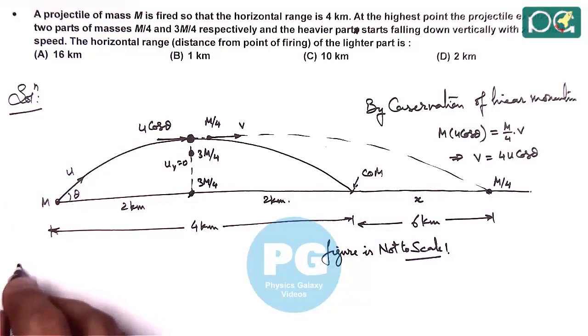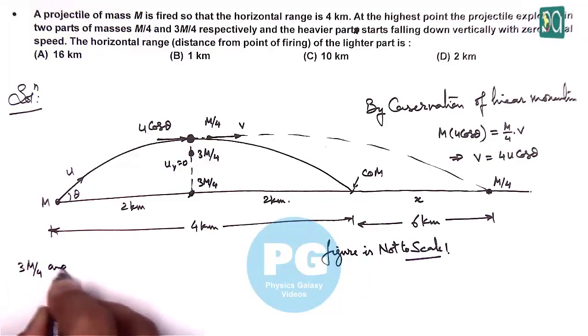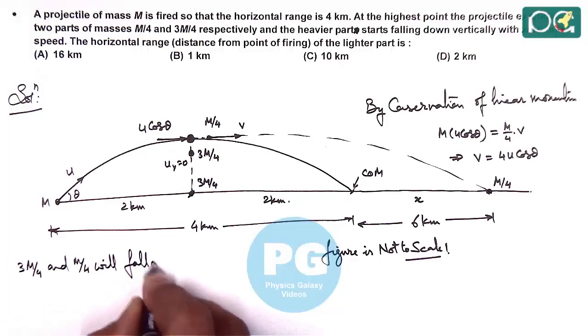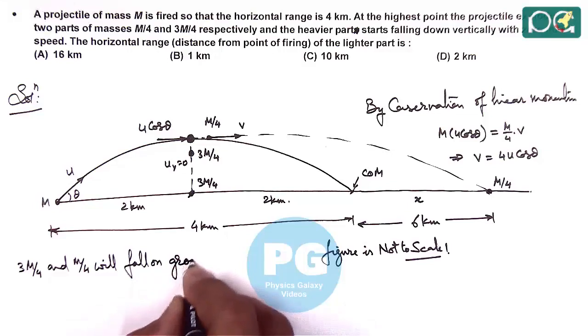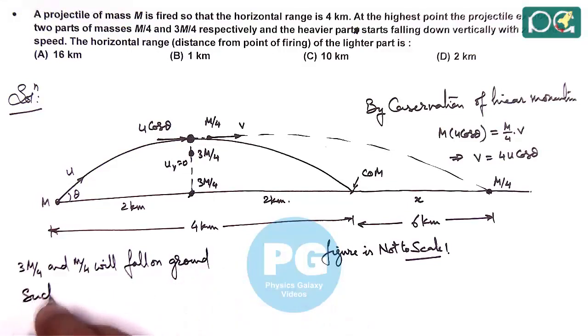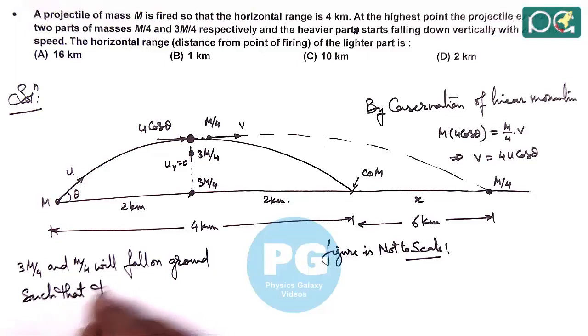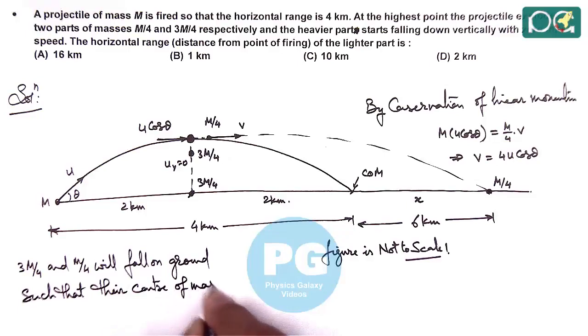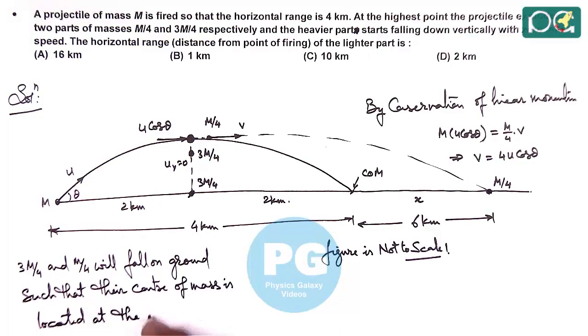So we can write 3m by 4 and m by 4 will fall on ground such that their center of mass is located at the original path of projectile, that we already discussed in theory.